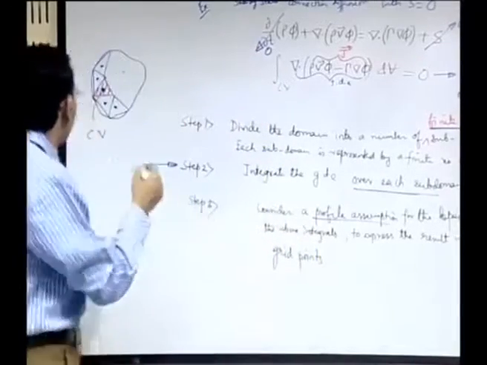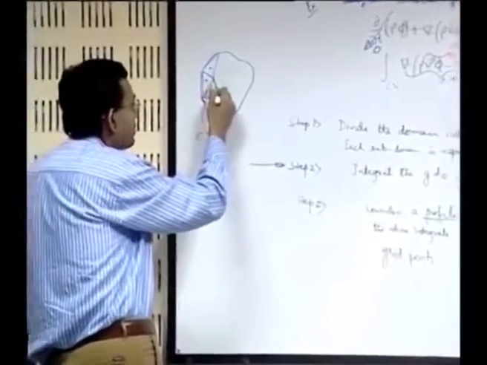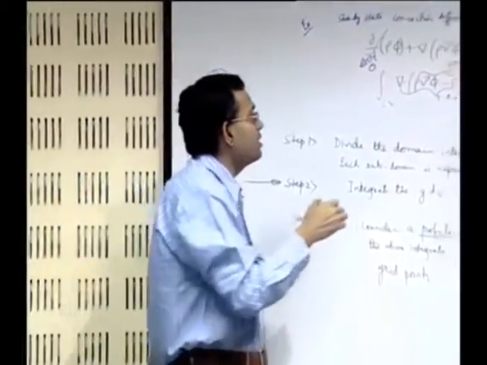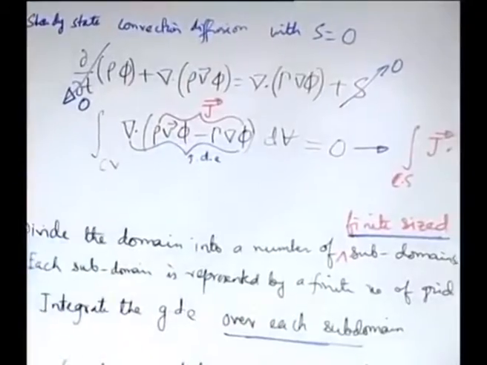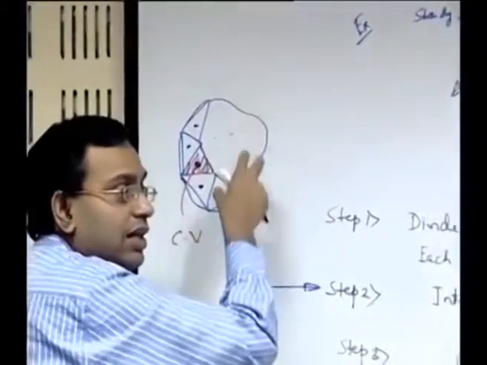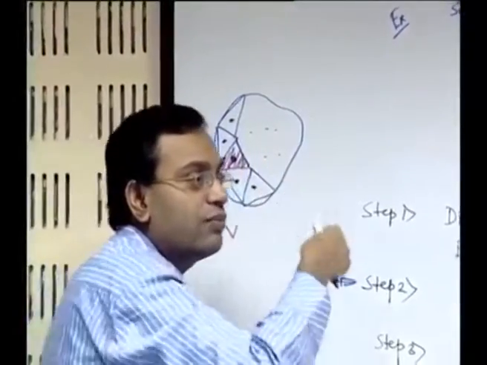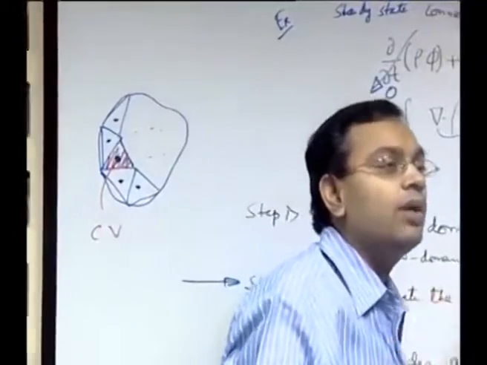So over each subdomain we are satisfying the same principle of conservation which is conveyed by this differential equation, and when that is assembled over the entire domain, it means that over the entire domain we are physically satisfying the requirement of conservation.